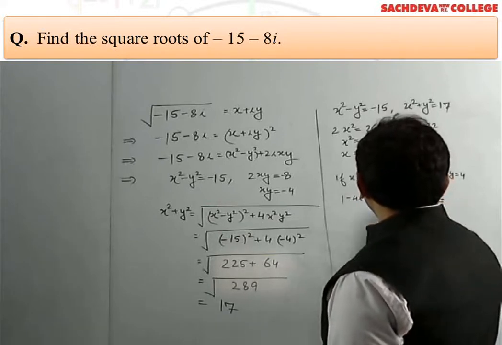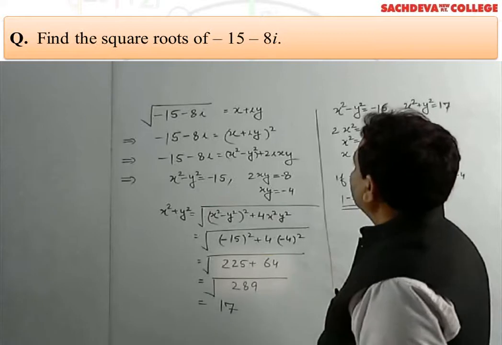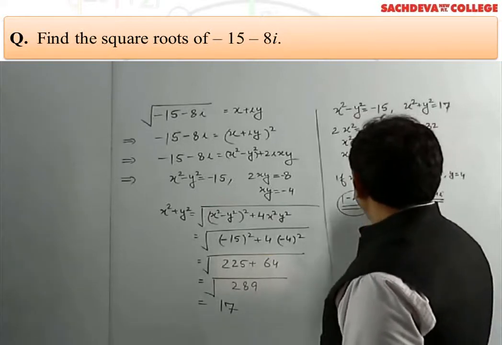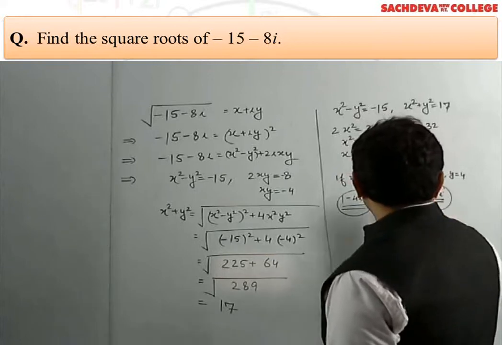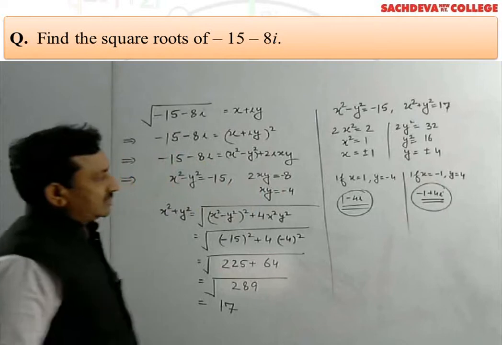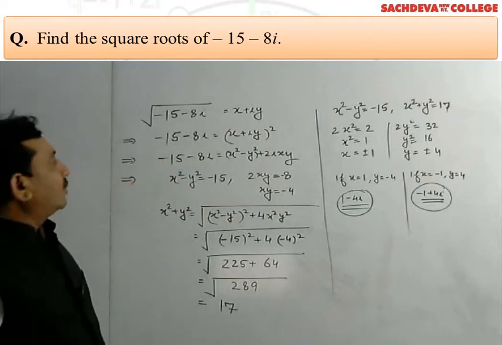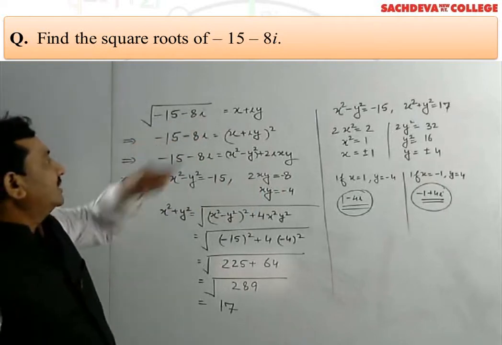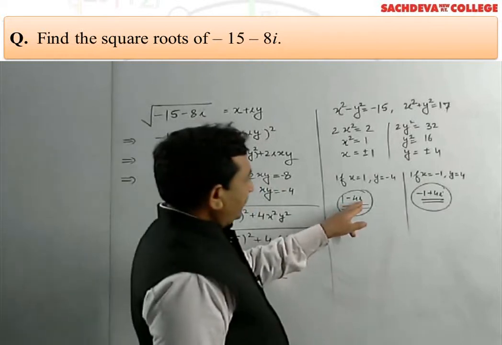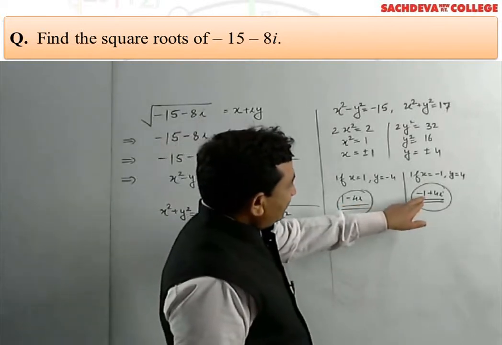These two numbers are square root of minus 15 minus 8 iota. So answer is 1 minus 4 iota, and second minus 1 plus 4 iota.